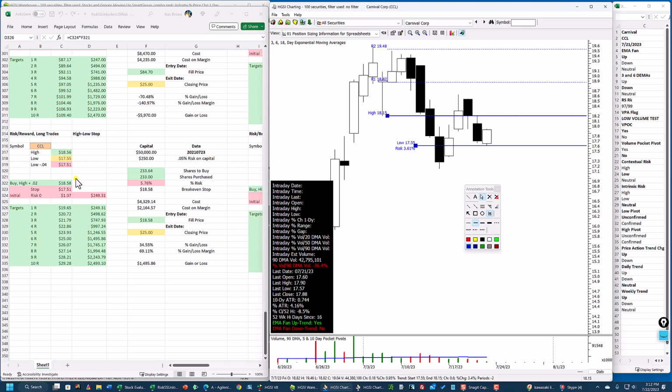I'm going to change this high to 1815. And now I could buy 233 shares and only risk 3.53%. This says 3.61. It's close. It's kind of hard to get it perfect here, but if I use these numbers, 18, 15, and 17.